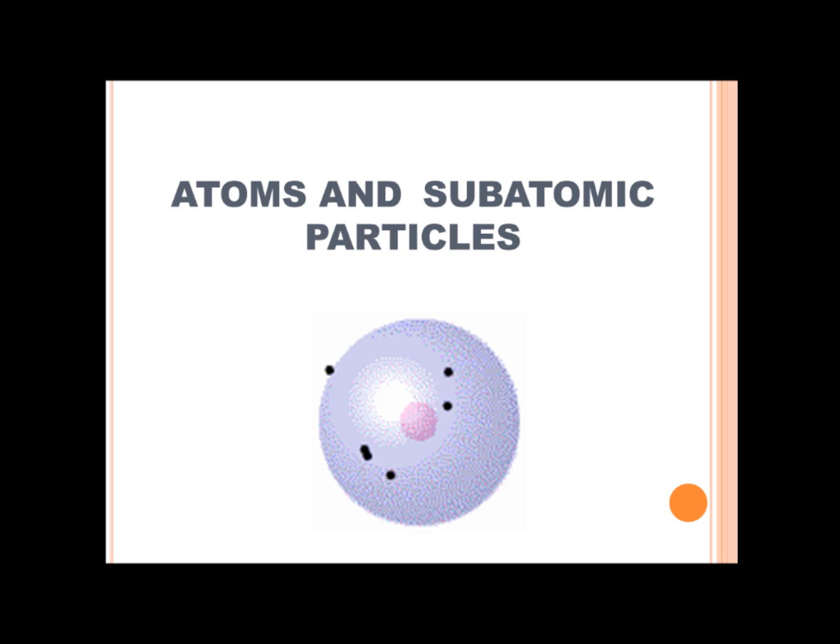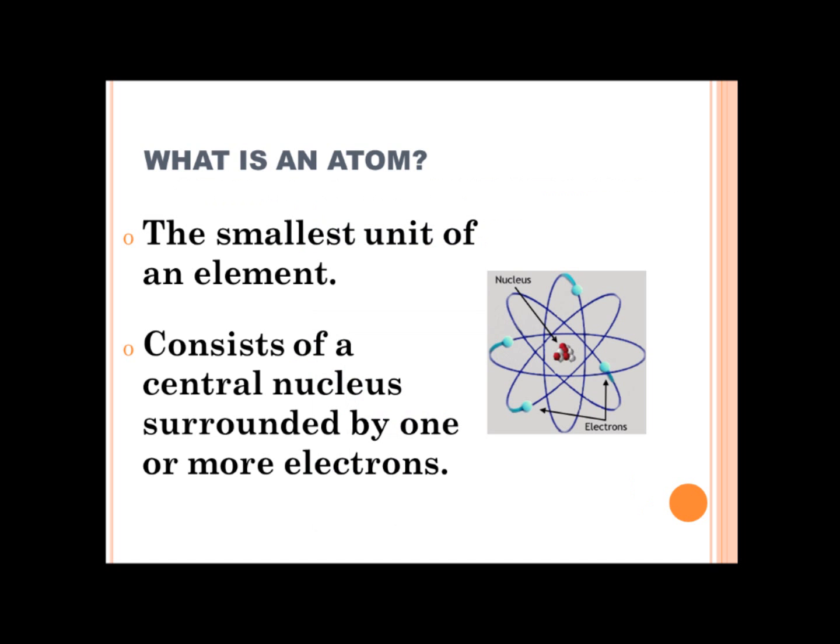So our first thing that we want to know is, what is an atom? And you probably have already studied atoms before, but an atom is the smallest unit of an element. So if I take an element and I break it down as small as I can, and it's still that element, it's going to be an atom.